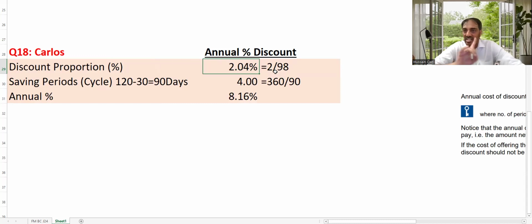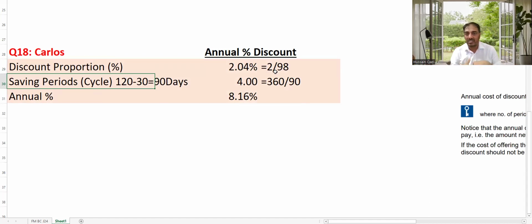But this is the percentage for one period, not annual. You need to multiply by some factor. What factor do you need to multiply? That's called the saving period cycle. Here, first you need to identify the normal payment terms, 120. You are offering 30 days. So the saving is in a cycle of 90 days.